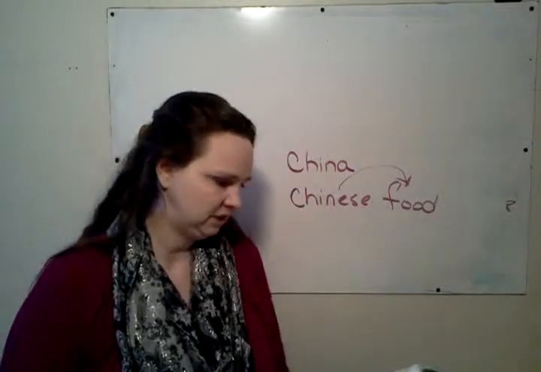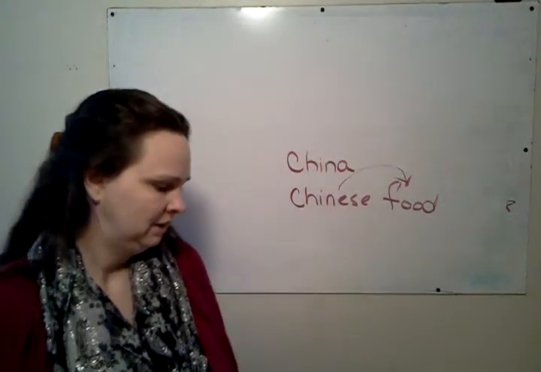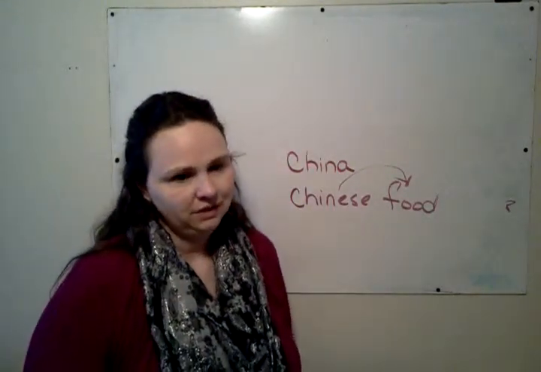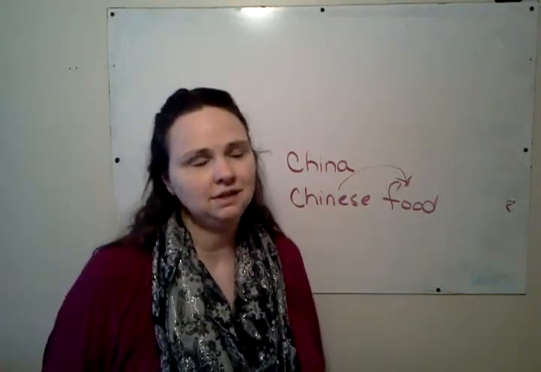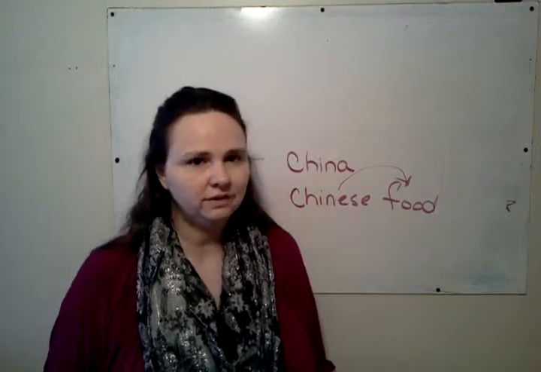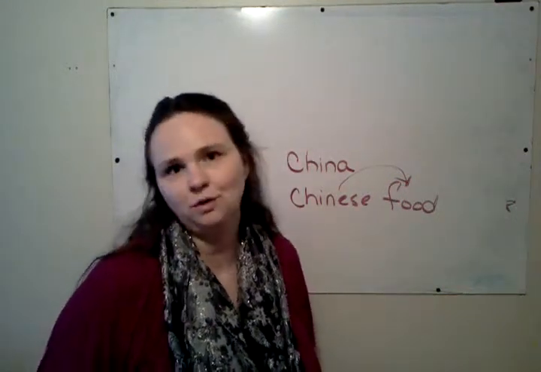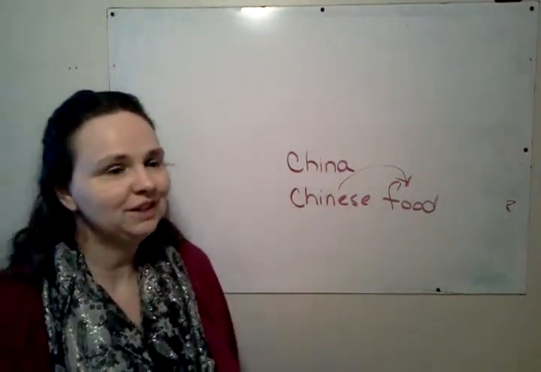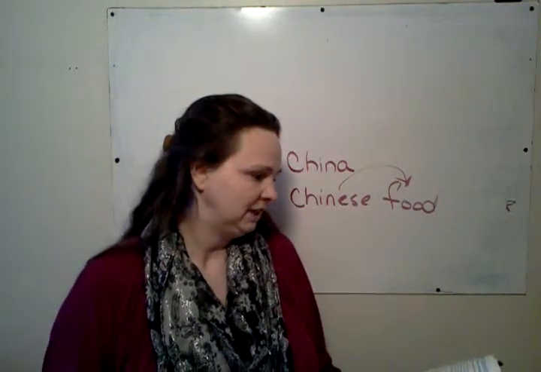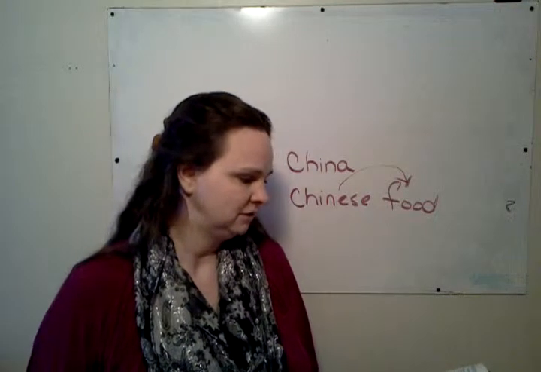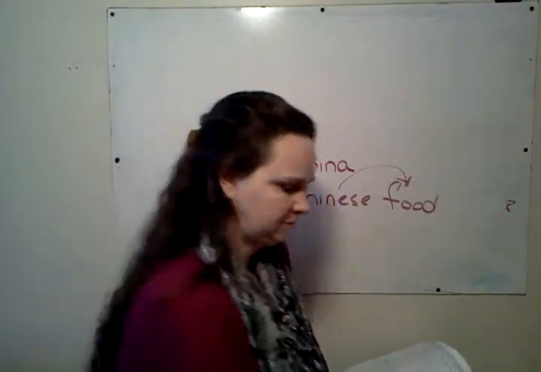Okay, distinguishing adjectives from nouns and pronouns. Like I've already alluded to, it's not so simple as one word is always a noun in every sentence and another word is always an adjective in every sentence. Oh, no. A word could do different jobs in a sentence. So how do we know if a word is doing the job of an adjective or a noun or a pronoun?